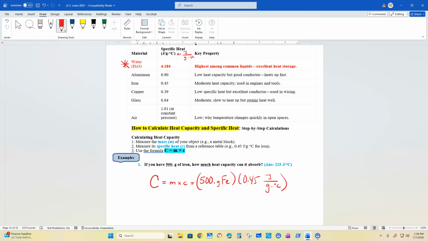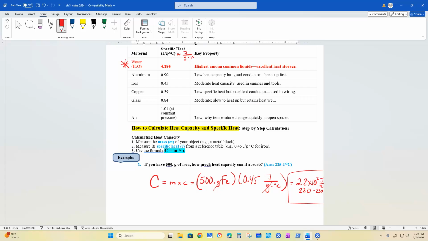It looks like only 2 sig figs. The calculator says 225, so I'm going to go scientific, 2.2 times 10 to the second, or I could say 220. I know it's a 5, you can even say 230, either one of those ranges. The only thing that cancels is the grams, so I'm going to have joules per degree Celsius.